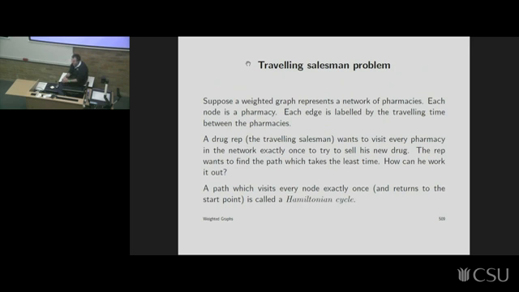Why are we learning now about drug sales and pharmaceuticals? The drug rep, the travelling salesman, wants to visit every pharmacy trying to sell his new drug. This could not sound any more sus. I also teach pharmacy students, not this subject, but I teach them other things.